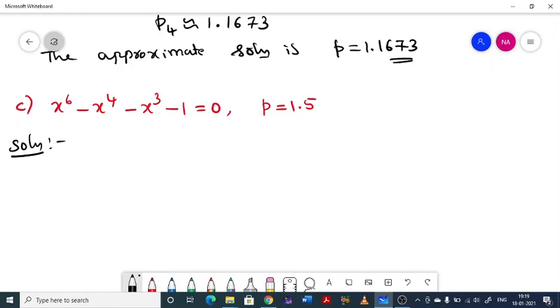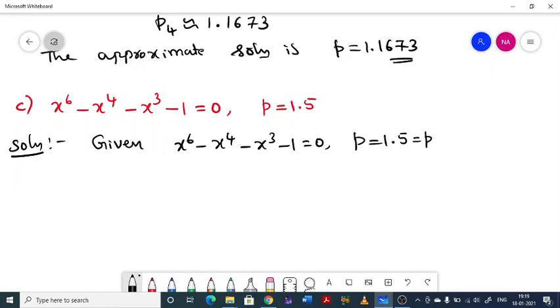So given the equation, x power 6 minus x power 4 minus x cube minus 1 equal to 0, P equal to 1.5. So that is the initial approximation that we have to consider as P naught.